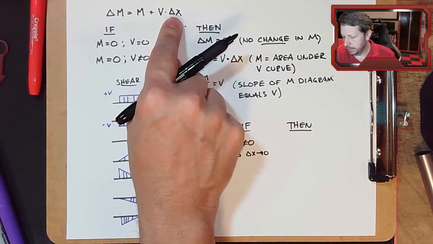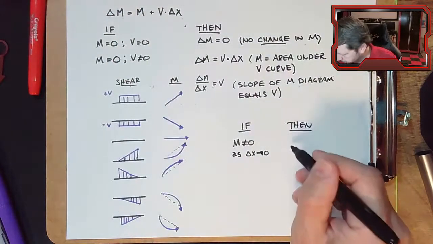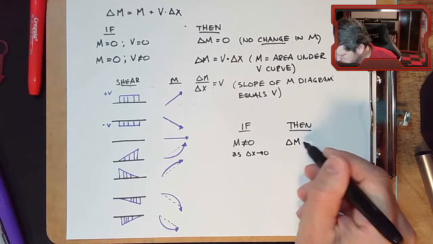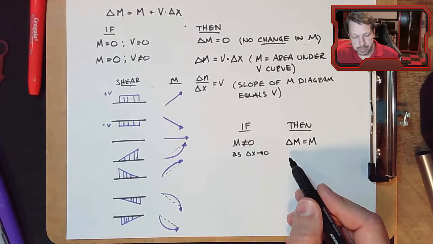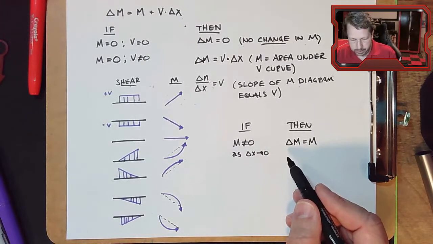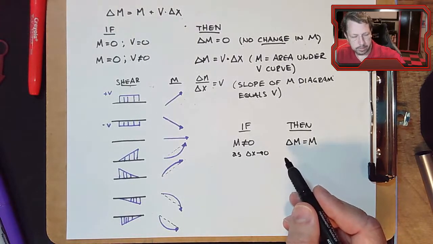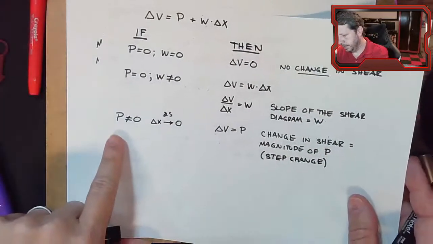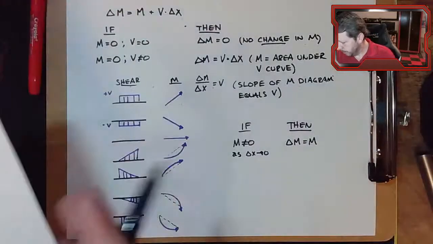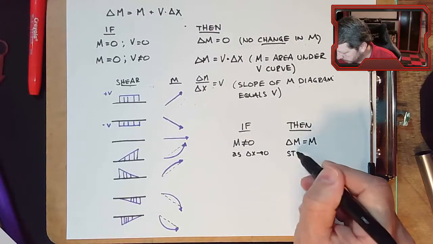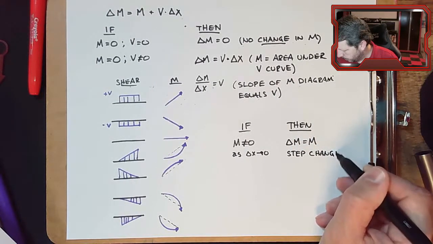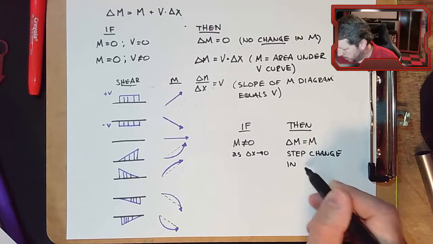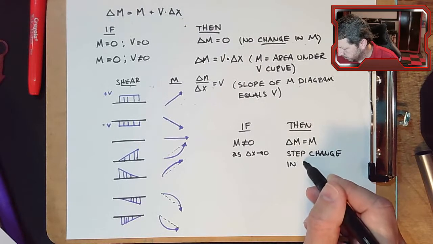Delta x is going to 0, and delta M equals M. So that says that there's a step change in the moment diagram, just like the point load, just like this when P does not equal 0. So there's a step change in bending moment diagram.